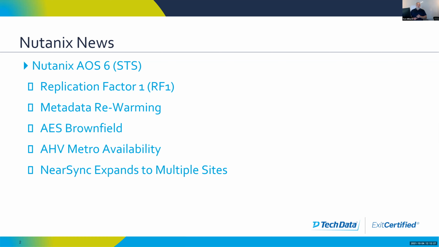The autonomous extent store, there's quite actually a big conversation around that one that we could get into if anybody was interested maybe during the Q&A. But the idea behind the autonomous extent store, we have talked about data locality from the beginning of the Nutanix architecture. But again, kind of following on that metadata rewarming conversation, the Cassandra metadata for your virtual machines was a distributed model.